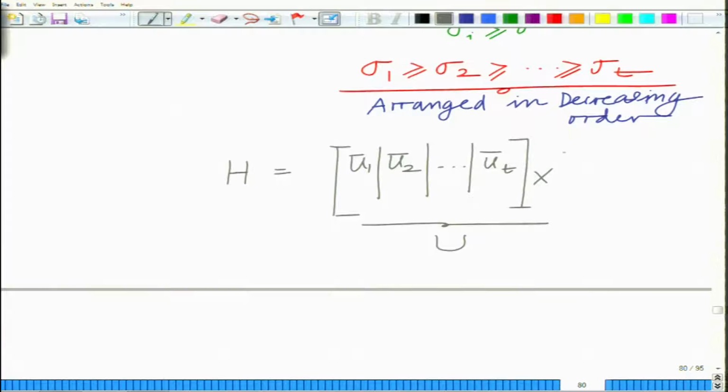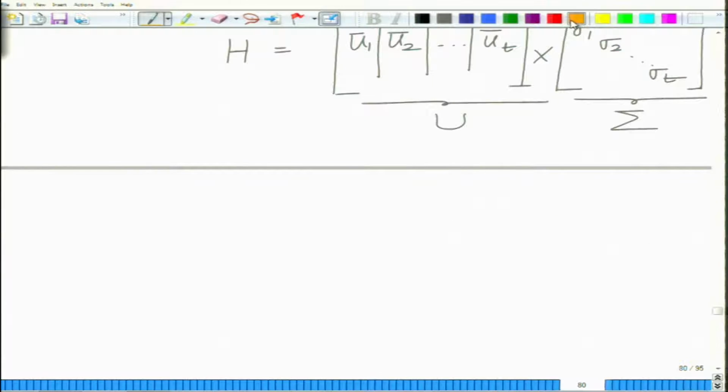This is your matrix U, times the diagonal matrix sigma, which contains the non-negative singular values in decreasing order, times the matrix V Hermitian, which contains T rows, and naturally these are also orthonormal since V is a unitary matrix.